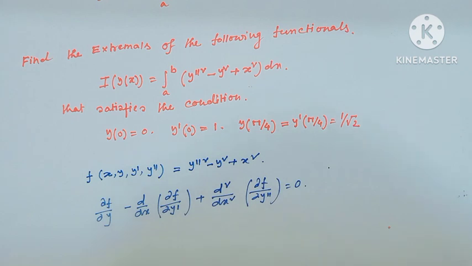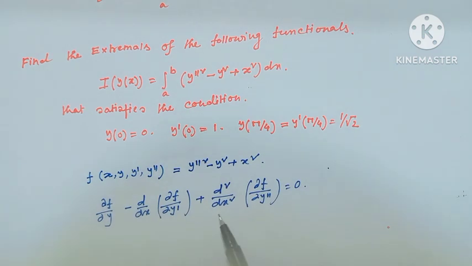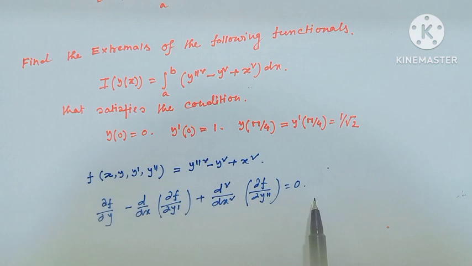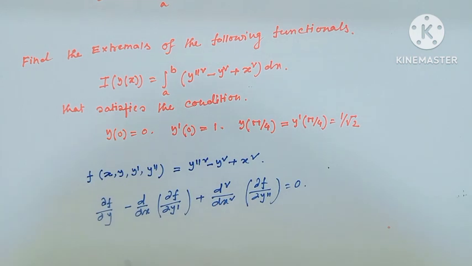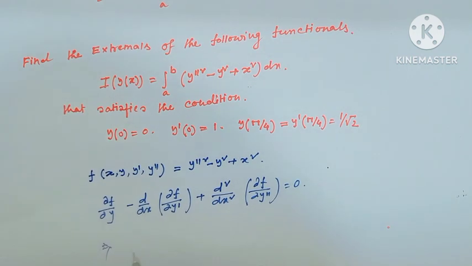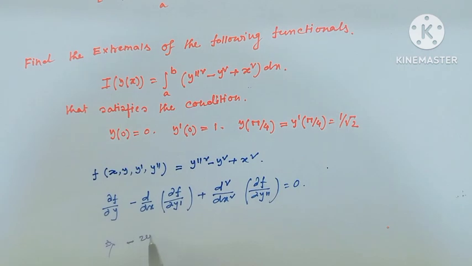Since y double prime exists, all of us know the Euler equation would be del f del y minus d/dx of del f del y prime plus d2/dx2 of del f del y double prime equal to 0. Then del f del y is obviously minus 2y.